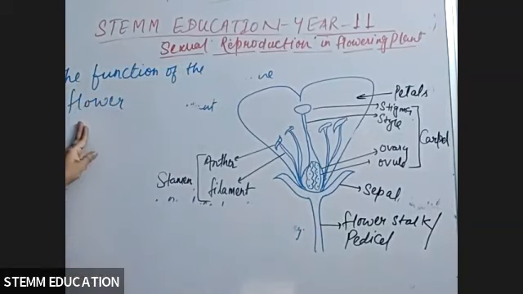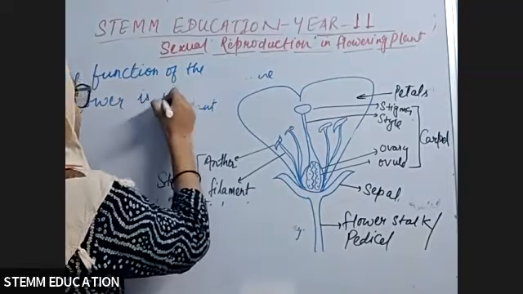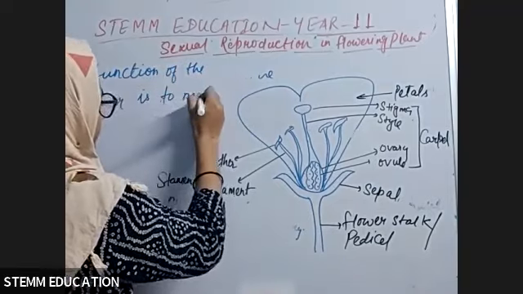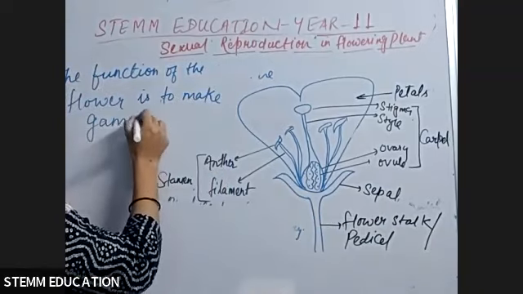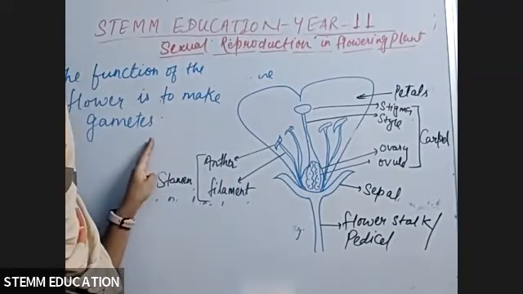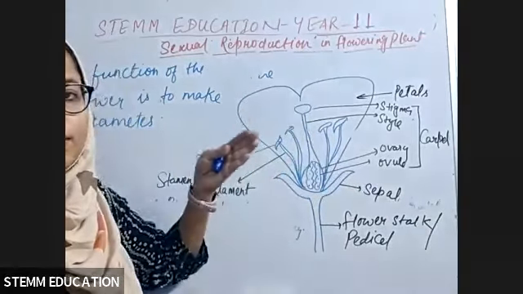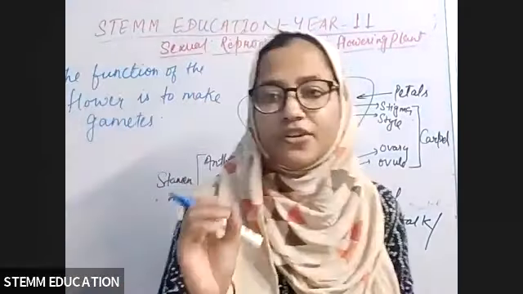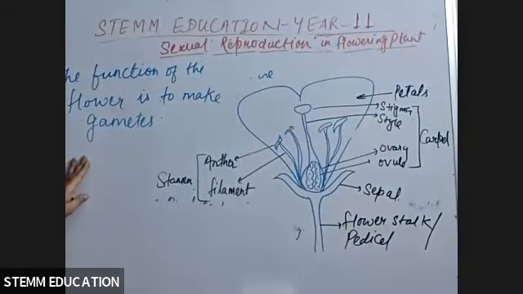The function of the flower is to make gametes. And how are gametes formed? By the fusion of a male reproductive cell and a female reproductive cell.